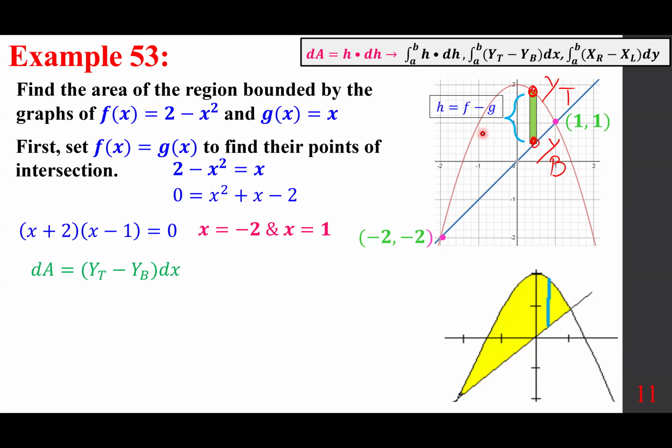So just plug in: y of the top is coming from the curve, the parabola 2 minus x squared, and the bottom comes from the line, and we have the integral of this from the x coordinates -2 to 1.